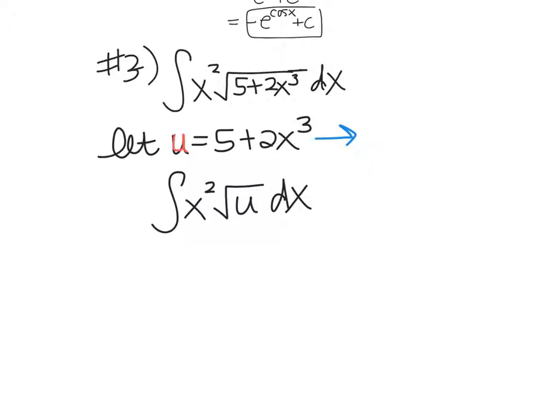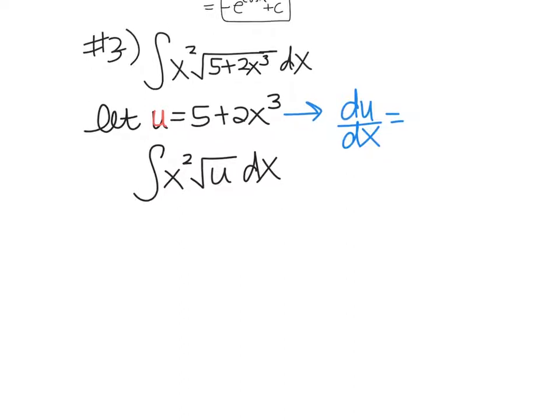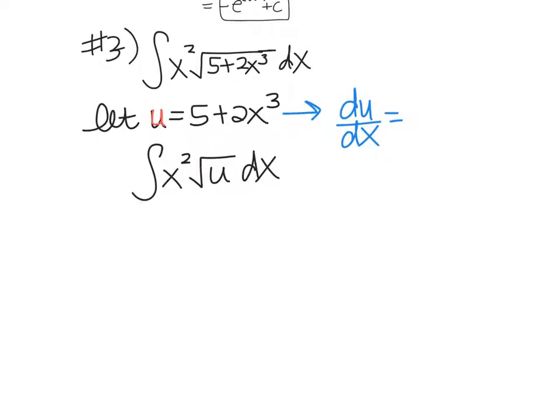Okay? So this would be du dx equals. So I'm taking the derivative of u with respect to x. Derivative of 5 is 0. Derivative of 2x cubed is 6x squared. Then solve for dx. That's what I'm trying to replace.